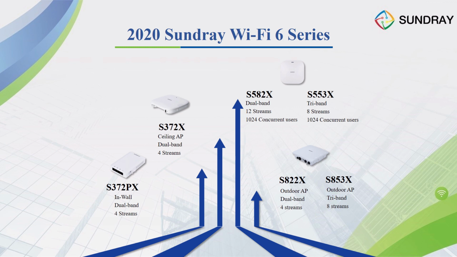Okay, these are our products. Right now, our policy is that we are not really pushing customers to upgrade their network to Wi-Fi 6, because all the advantages I mentioned before need support from the client.